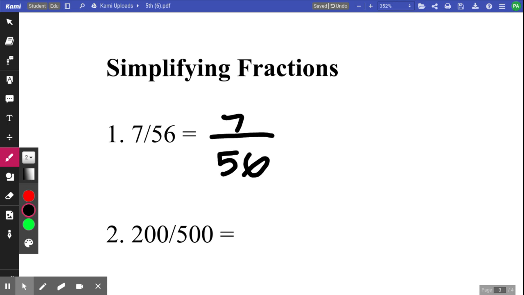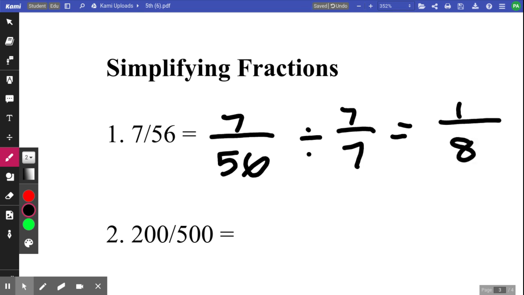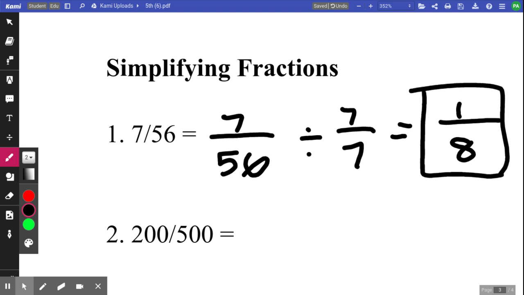And how you do that is find a number that both 7 and 56 can divide by. So a number that both of these numbers, numerator and denominator, can divide by is 7. So you go 1 over 56 divided by 7 is 8. And since there's nothing that 1 and 8 can divide by besides 1, that is your answer.